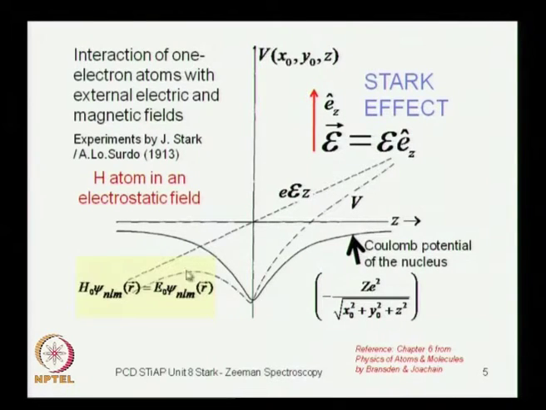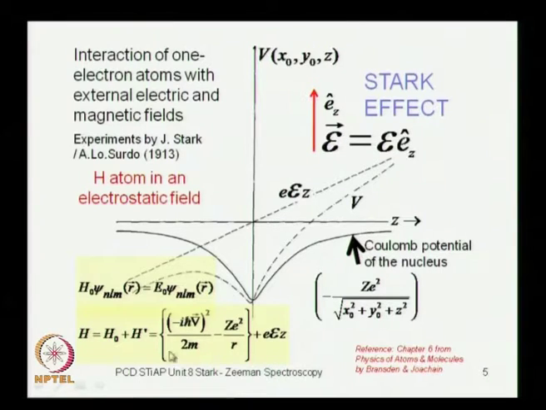So, now you have the unperturbed Hamiltonian, for which the Schrodinger equation solutions are well known to all of us, these are the hydrogen atom solutions, and then the problem you are dealing with is that of the full Hamiltonian, which includes the unperturbed Hamiltonian plus this, which is a perturbation.